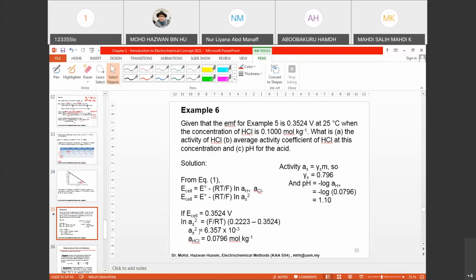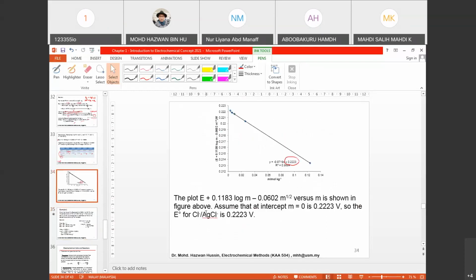So when you substitute over here, you will get ln a equals F over RT multiplied with 0.223 minus 0.3524. Where does this come from? This comes from the E naught cell value, because earlier on we calculated the E naught cell value from this calculation.